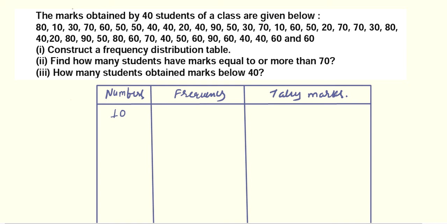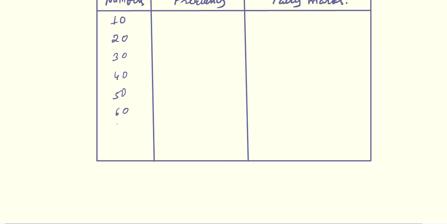Then after 10 we are having 20. Now the greatest number in this data is, I think, 90. Yes, 90 is the greatest. So starting from 10, 20, 30, 40, 50, 60, then 70, 80, and the last is 90.